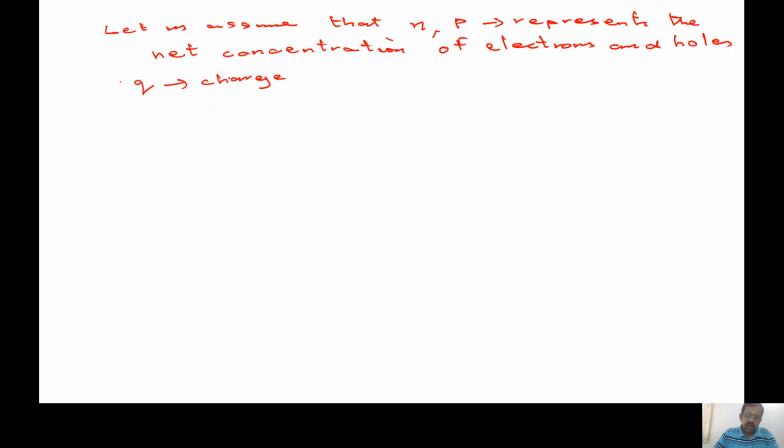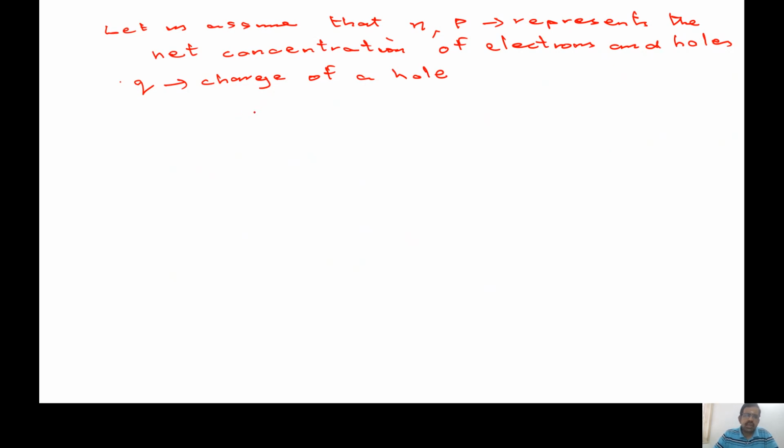Plus q represents the charge of a hole. So let us focus our attention only on hole current density to begin with, and then we can discuss the electron current density. Okay, so q is the charge of a hole, and n and p represent the net concentration of electrons and holes.